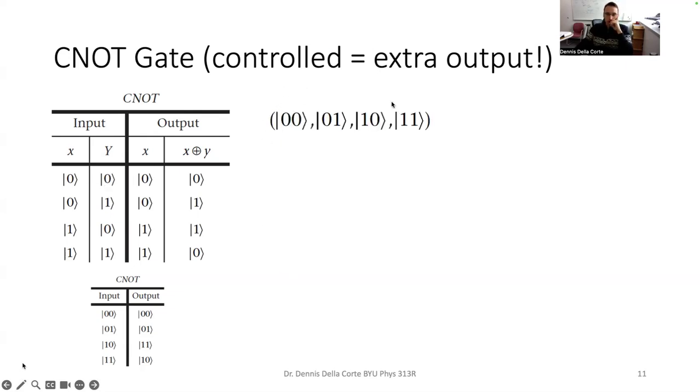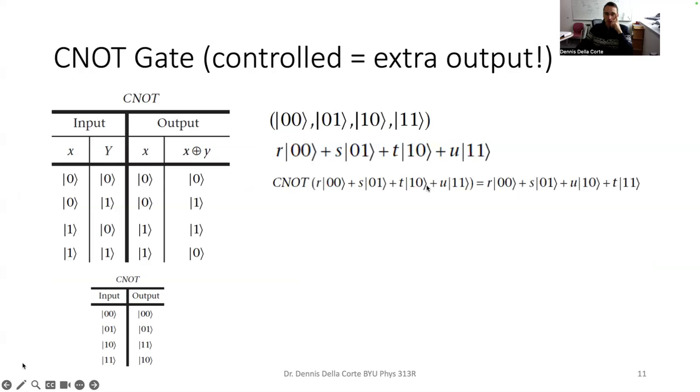Okay, so the basis set that we're dealing with, the ordered orthonormal basis set, is this one here. And any vector can be represented as a linear combination. Any of these vectors can be sent through the CNOT. If you run it through the CNOT, what will happen to it?